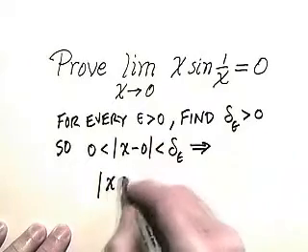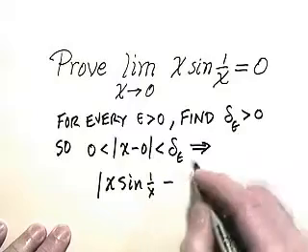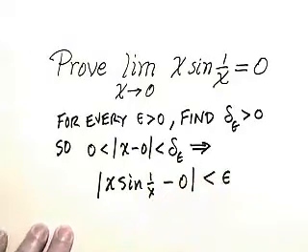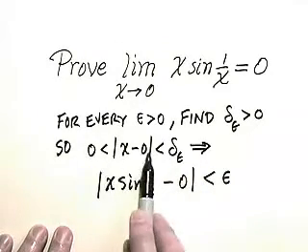Notice how important this provision that the absolute value of the difference be positive is in this case, because sine of 1 over x is undefined at x equals 0. So we certainly can't have x being equal to 0.